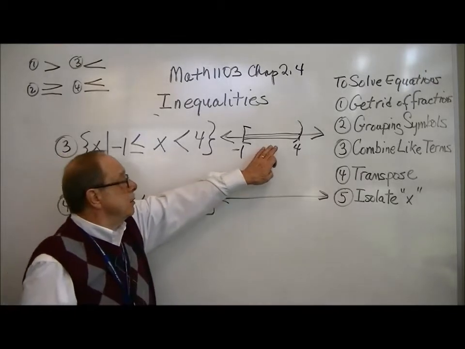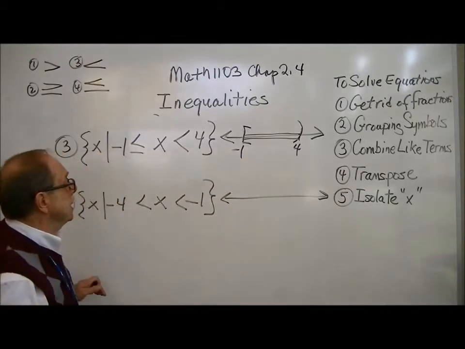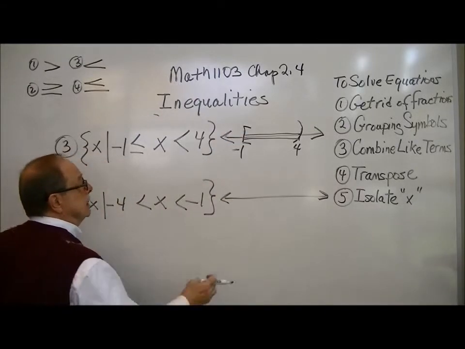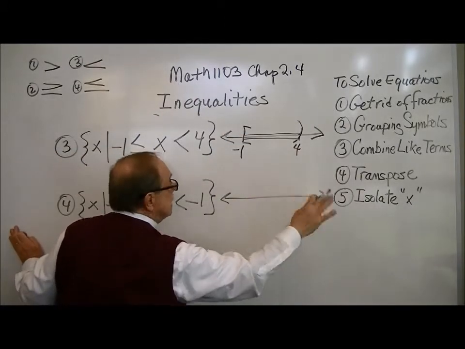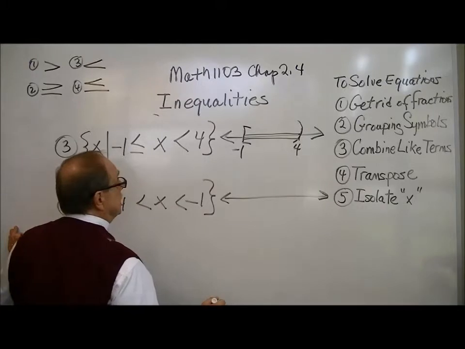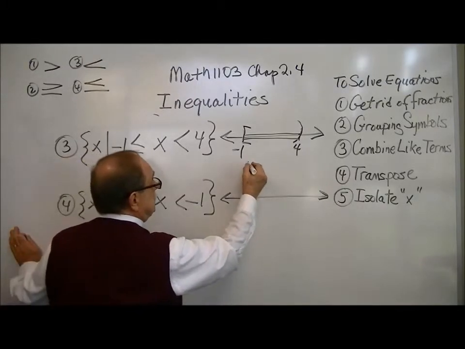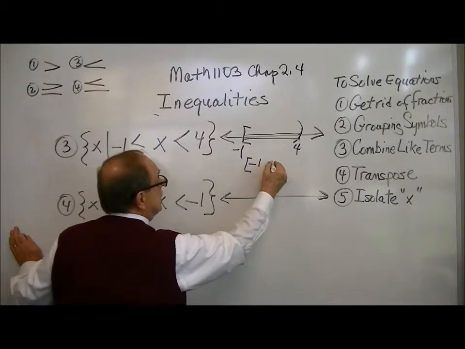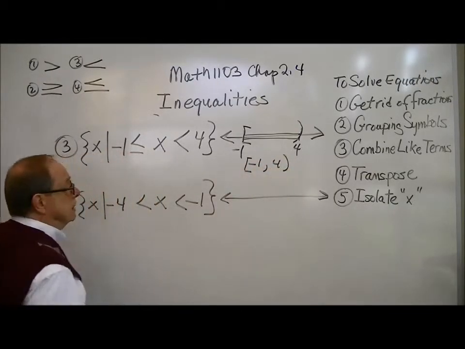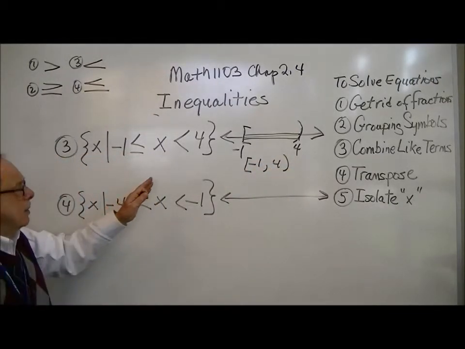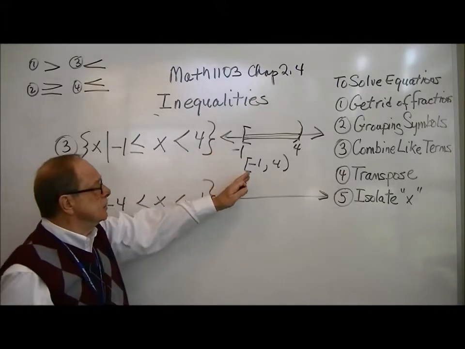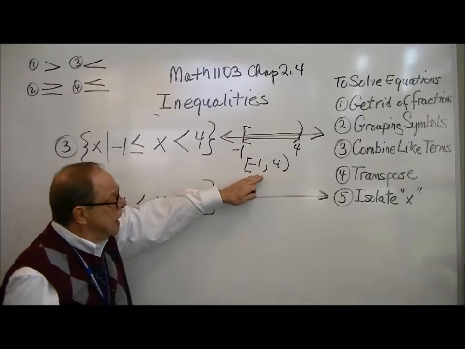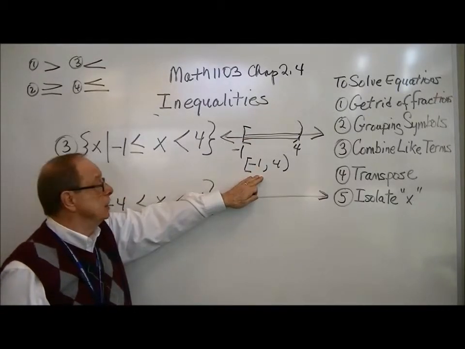So this is where our x values are. A -1 is included in the set, and a 4 is not included in the set. So for interval notation, this would be just like this, -1, comma, 4, parenthesis. I always suggest to my students to graph it, and then right from the graph you could write interval notation.